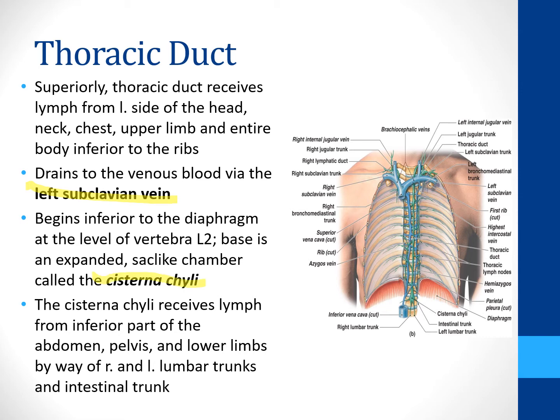So the cisterna chyli is the origination of the thoracic duct around L2. It receives lymph from that whole lower part of the body, and then it gets pumped up through the thoracic duct and is dumped into that left subclavian vein.